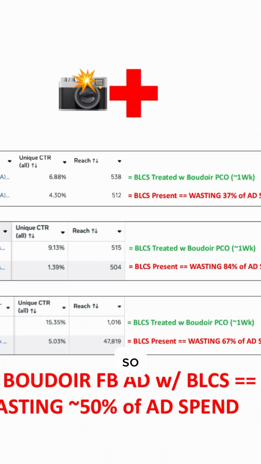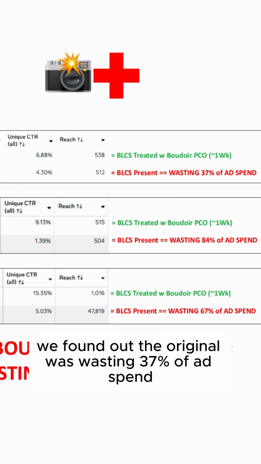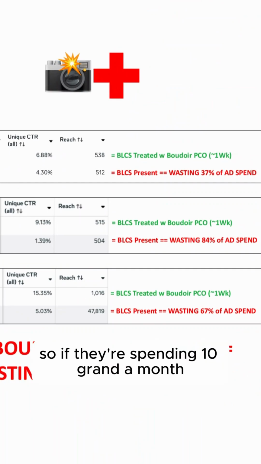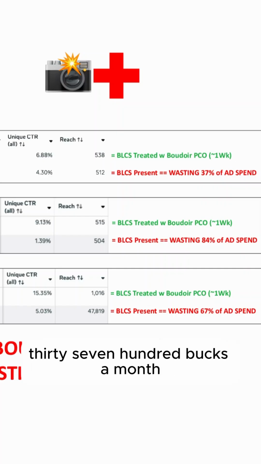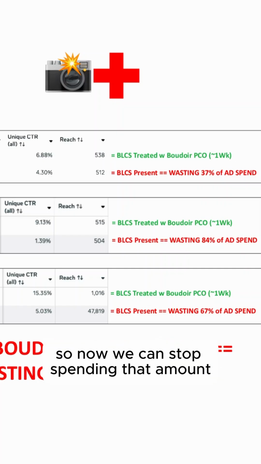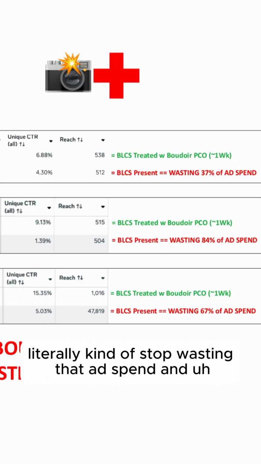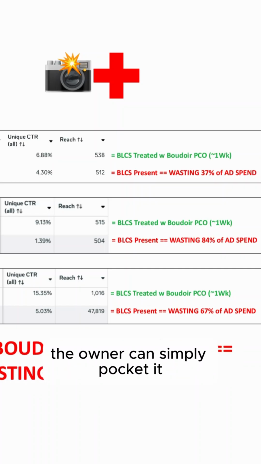So we found that the original was wasting 37% of ad spend. So if they're spending 10 grand a month, 3,700 bucks a month of that was being wasted. So now we can stop spending that amount, literally stop wasting that ad spend, and the owner can simply pocket it.